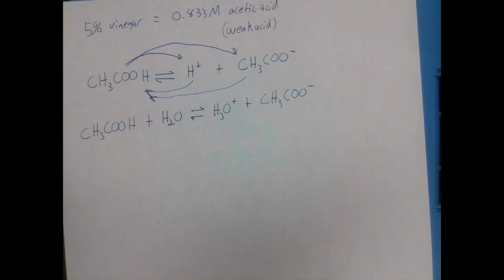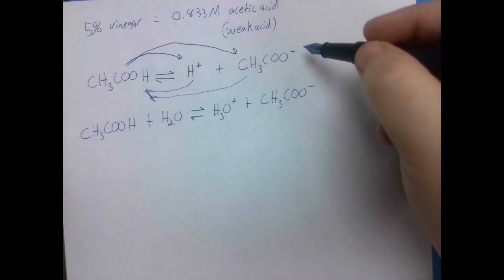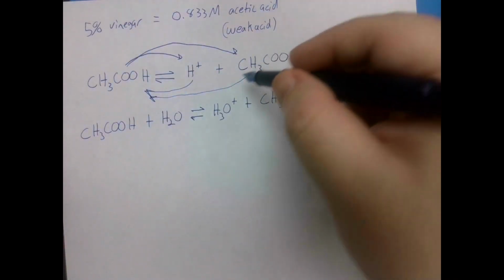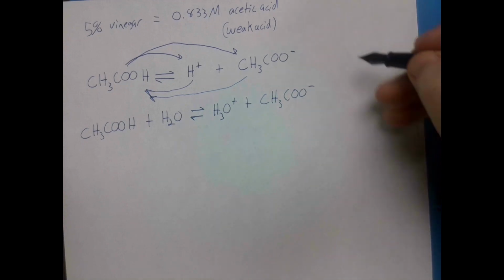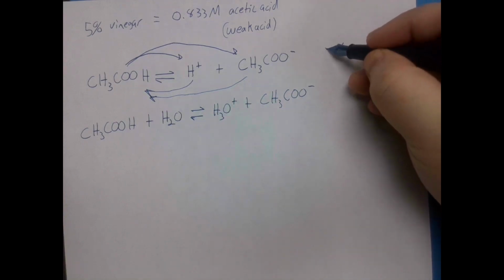There's a point at which it reaches an equilibrium. There's a point in time in which we have a constant amount of molecules breaking apart and a constant amount of molecules coming back, and it stays around a certain concentration level. So I'm going to make up a number. I'll just use X percent.